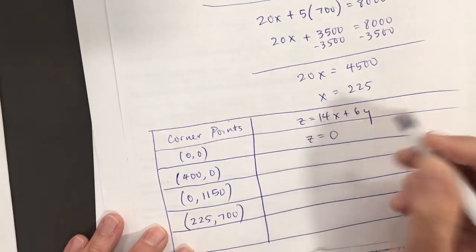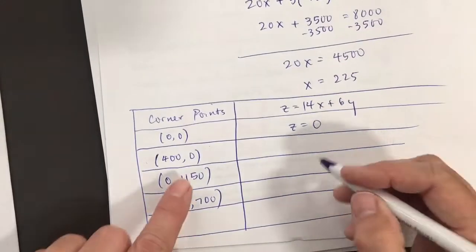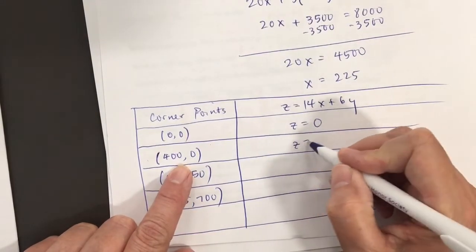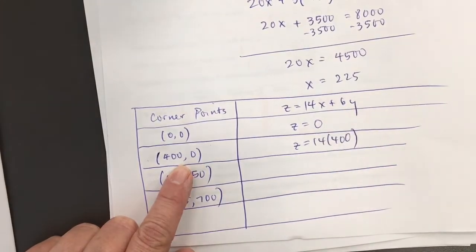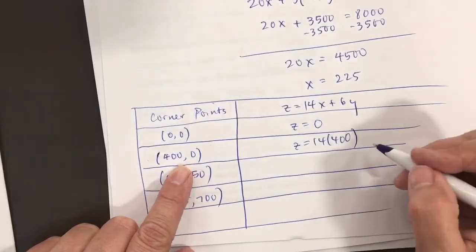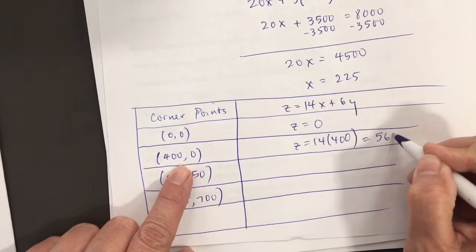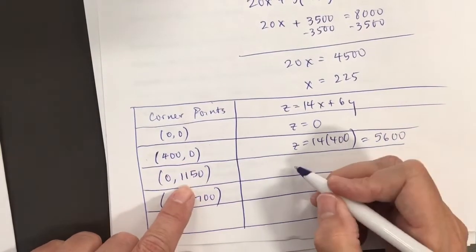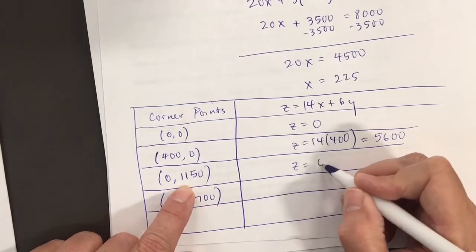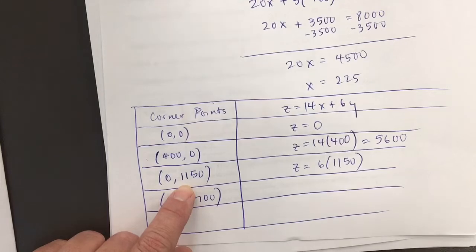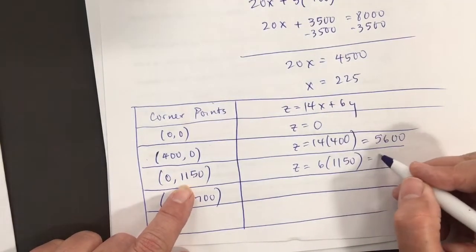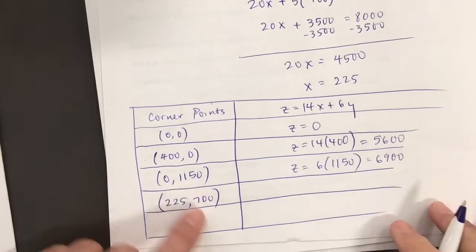Well, this one's 0. This would be 14 times 400. 14 times 400 is 5,600 people helped. This one would be 6 times 1,150. 6 times 1,150 is 6,900 people helped.